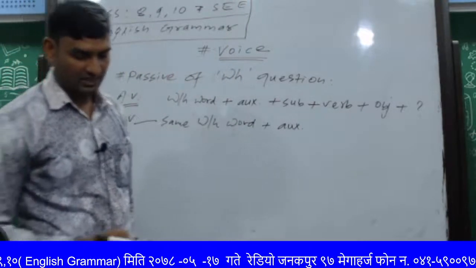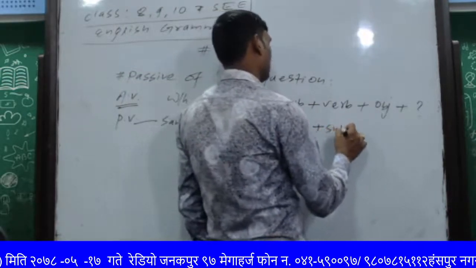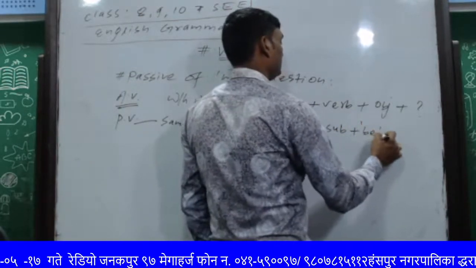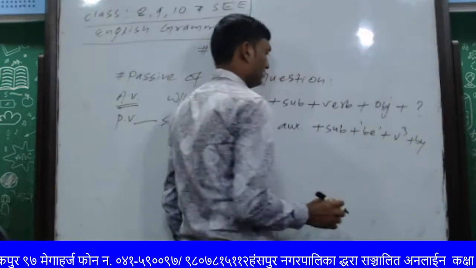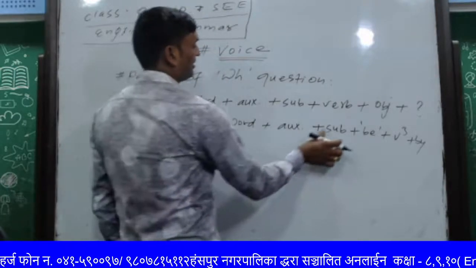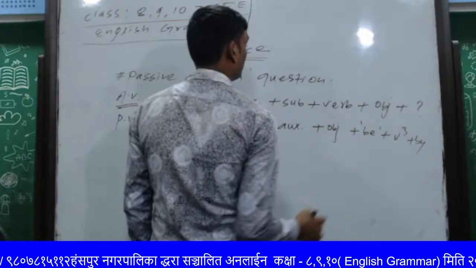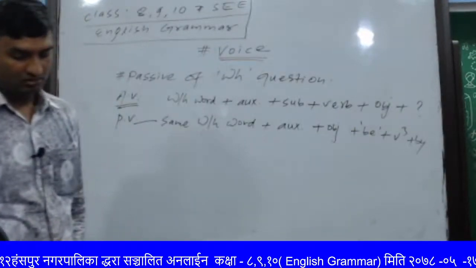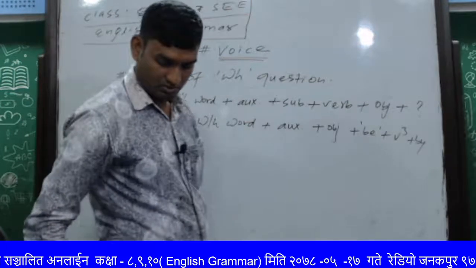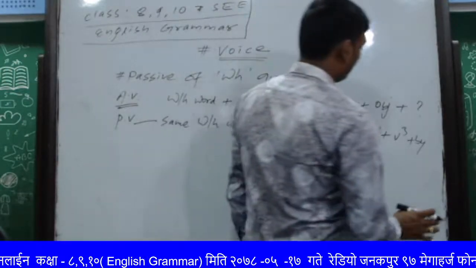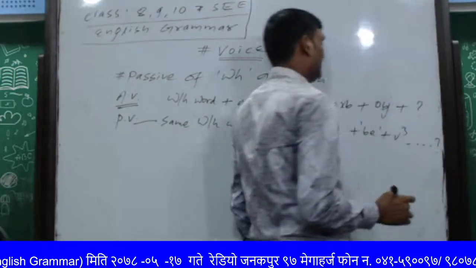Then subject, then be, after subject be, after be V3, by. It means the subject here means the object of the active voice. Then by, and after by, the subject.